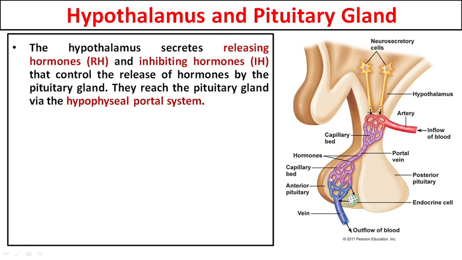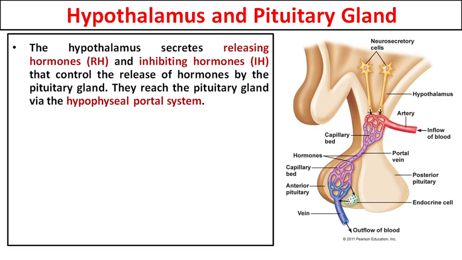Clear? Now all of these capillaries will again converge and form your vein, which will exit the pituitary gland. So this here is your portal system. Is it clear? Normally in your body, all the capillaries converge to form veins, and veins converge to form the vena cava.